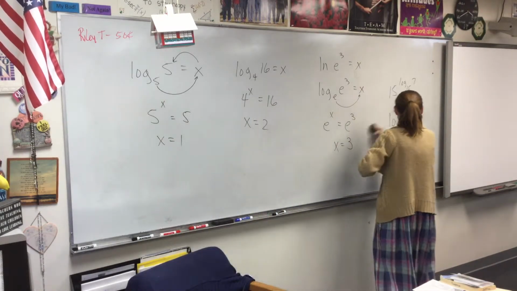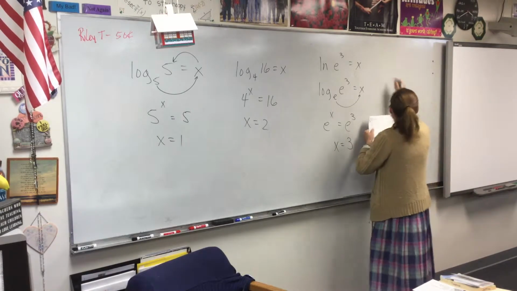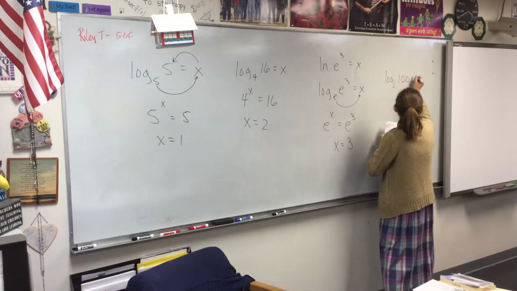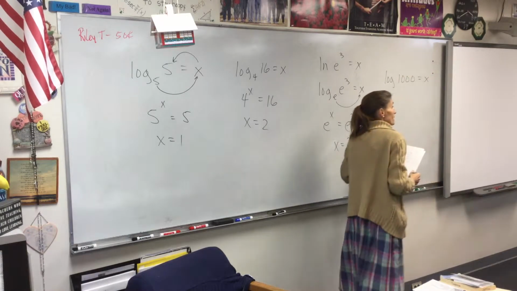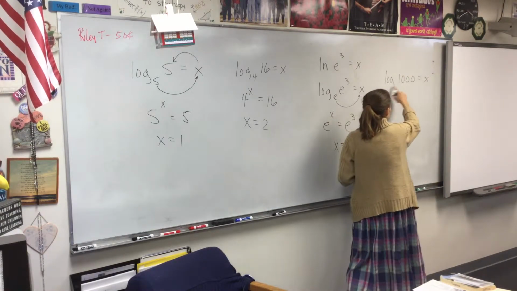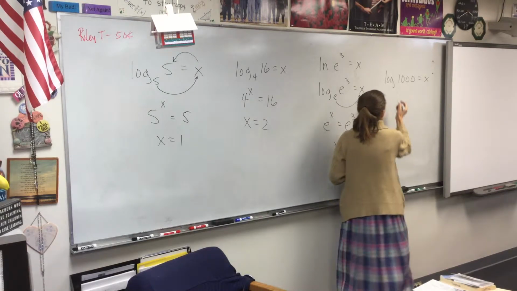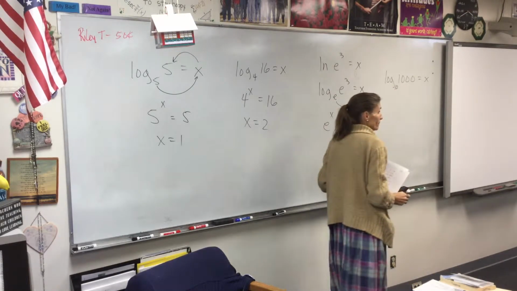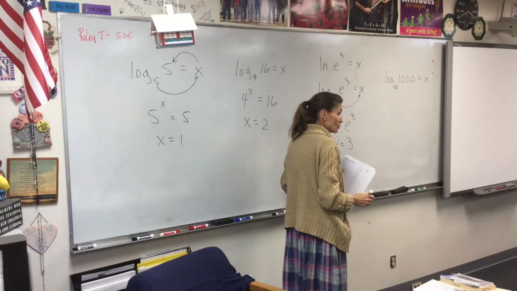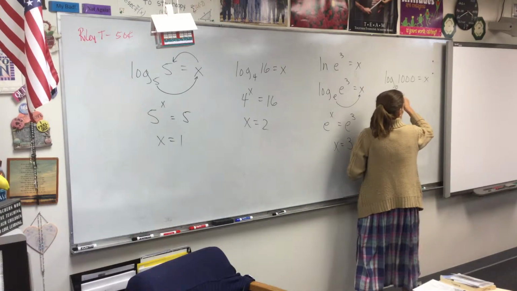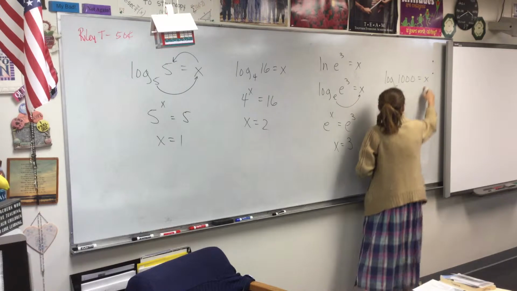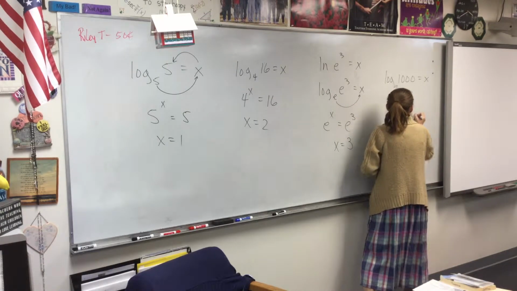Try the next one. Set it equal to x. Now remember, when you just see a plain old log, what do you know? It's base 10. I'm going to put a 10 on there. Now let's translate it. 10 to the x equals 1,000.